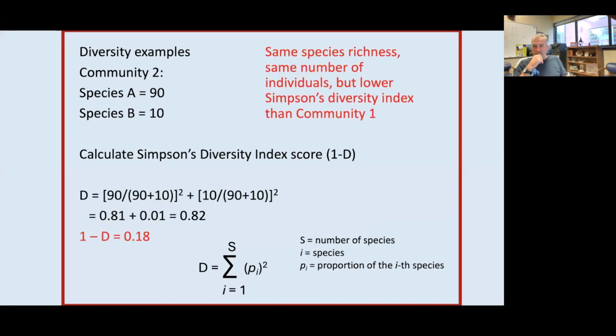Well, you end up with a much lower diversity index because of the overwhelming number of species A relative to species B. This could have impacts on species B in terms of what functional role it plays, and whether or not it's going to be persistent among other functions within that biologic community. So this index value is going to be lesser. So we would consider this to be less diverse than the first one.